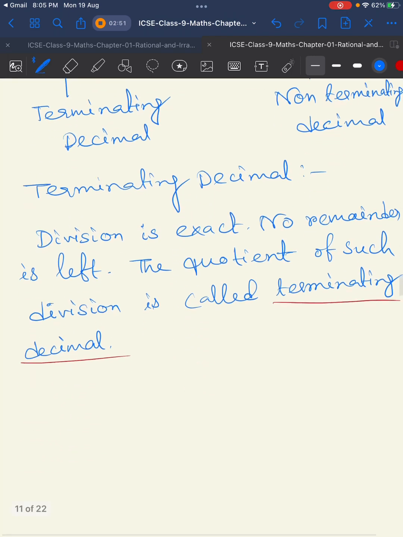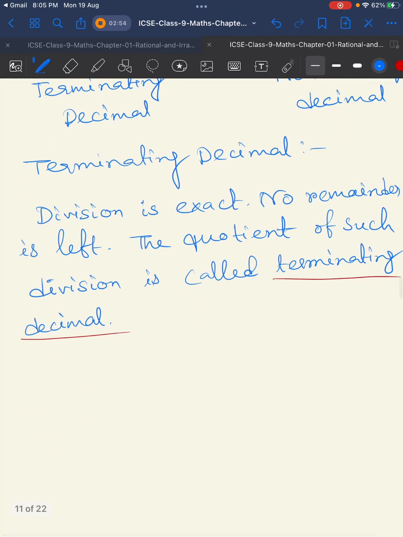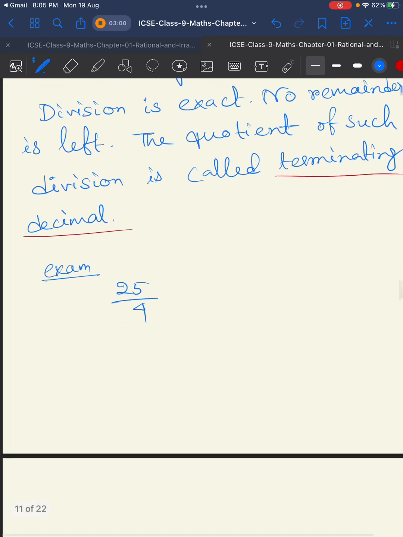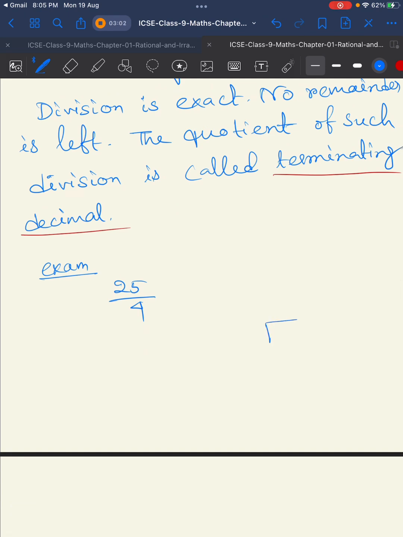So now let's take an example. 25 by 4. We divide 25 by 4. 4 sixes are 24. Now one is brought down here.